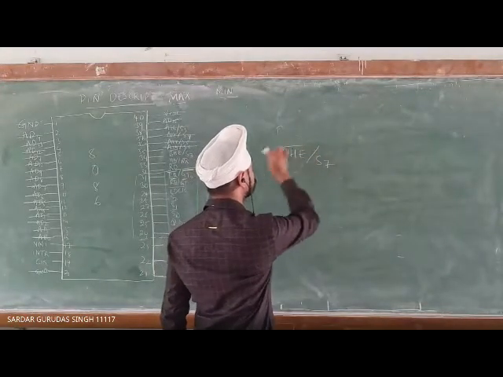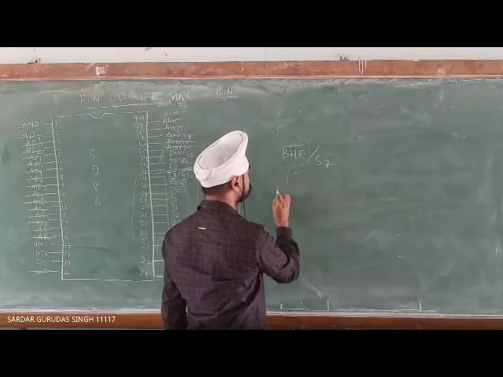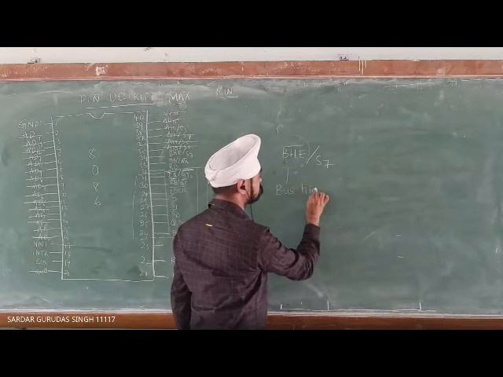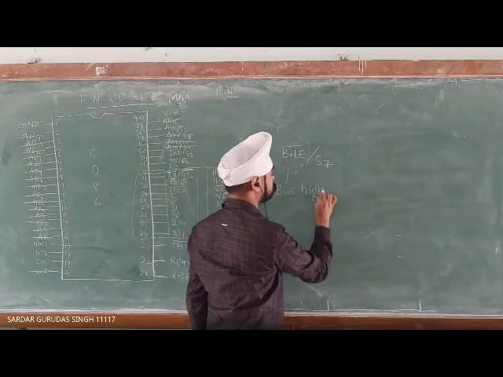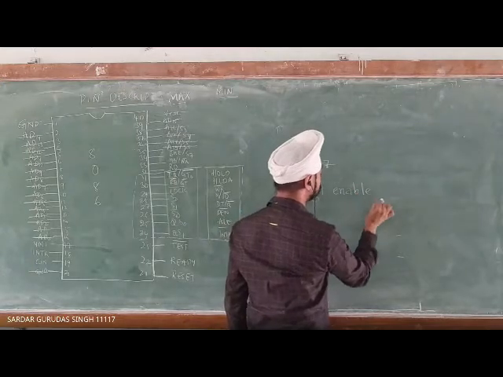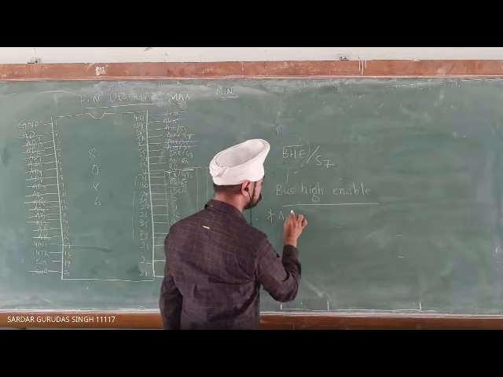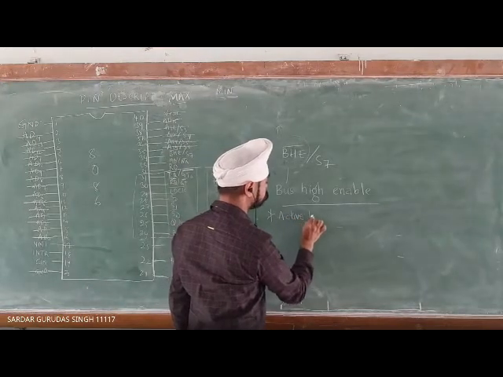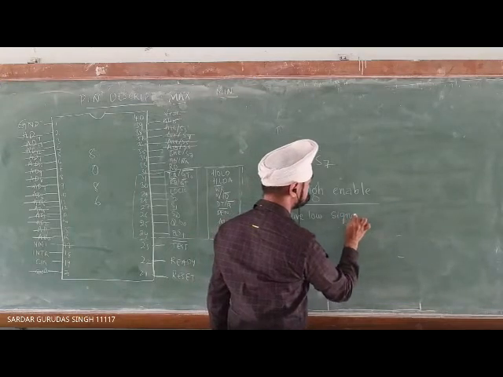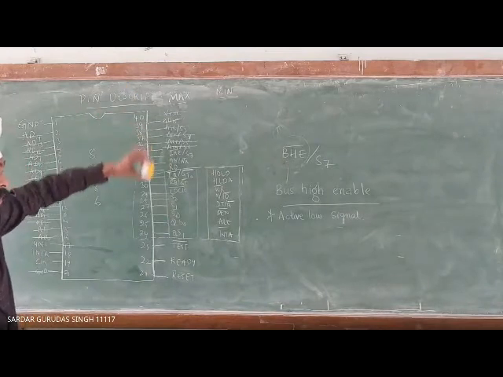BHE bar is an active low signal. BHE stands for bus high enable signal. Now, what is the operation of this signal?